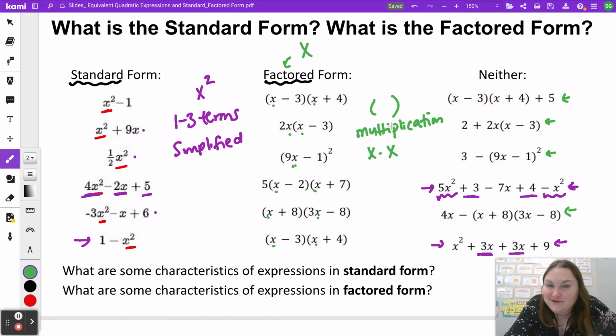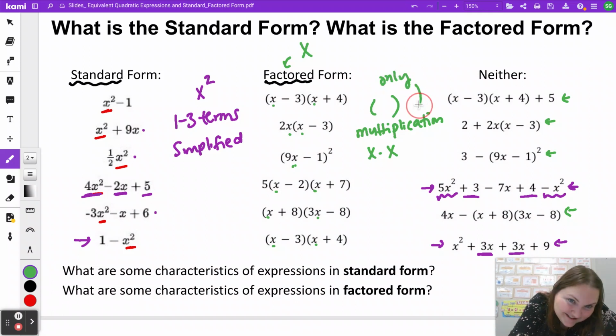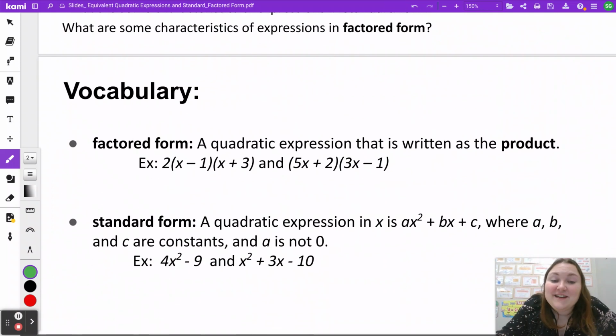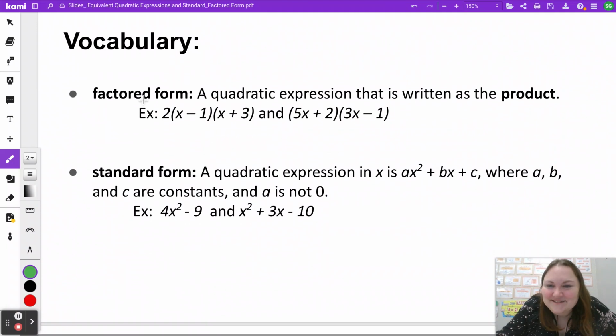Those are the main characteristics of factored form, is that it's a multiplication problem and only multiplication, no addition or subtraction, and that when you go to do that multiplication, you're going to be multiplying x by x. So below I have the official definitions of these.